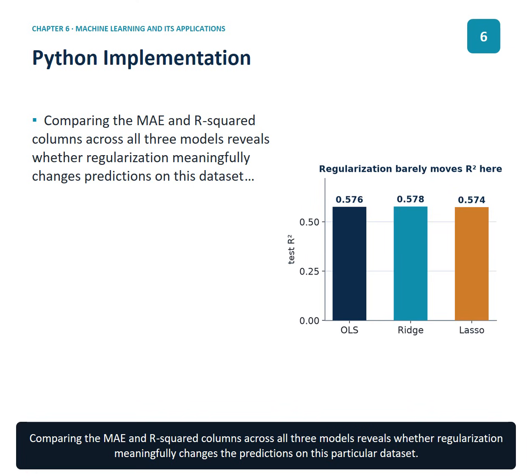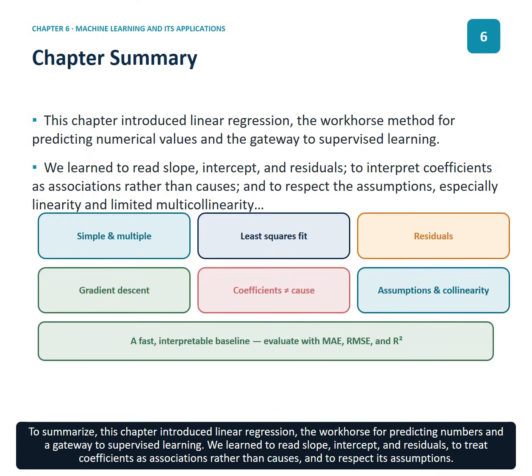particular dataset. To summarize, this chapter introduced linear regression, the workhorse for predicting numbers, and a gateway to supervised learning. We learned to read slope, intercept, and residuals, to treat coefficients as associations rather than causes, and to respect its assumptions.